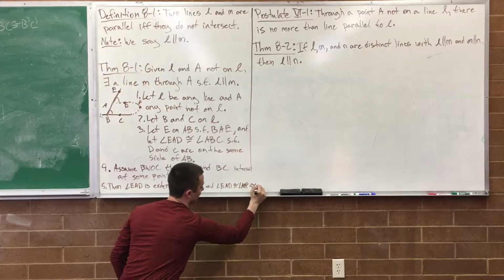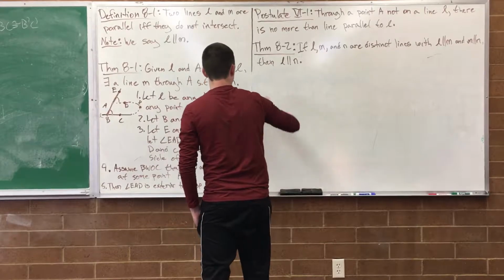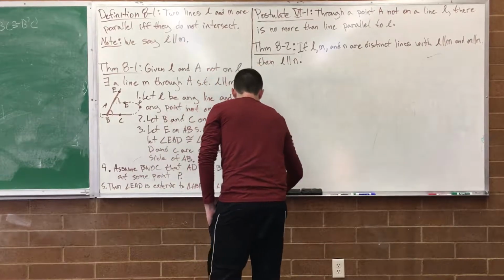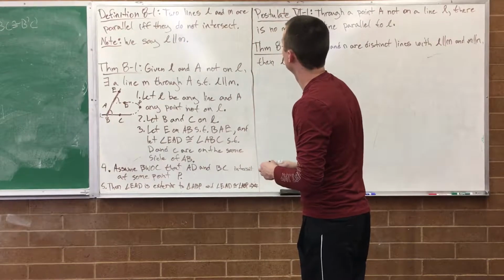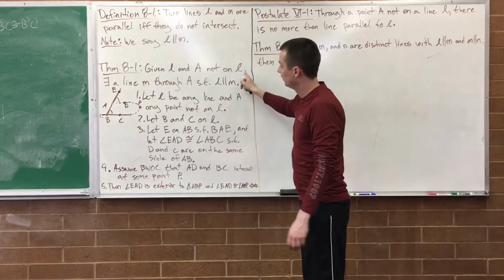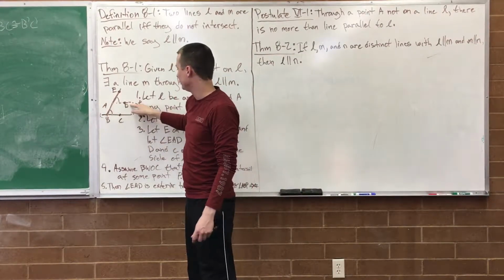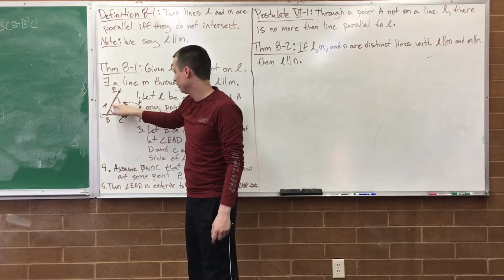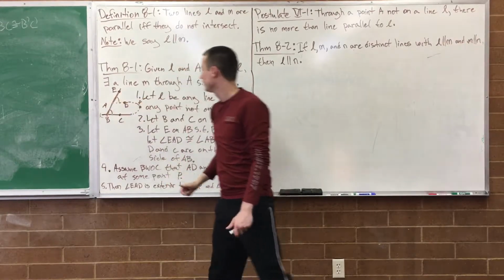Seems like you want to label the line AD M so that you can refer back to what you're trying to prove, right? Because your proof has M in it. Yeah, that would have been better. That's a good point. We should have said let M be the point on that ray.